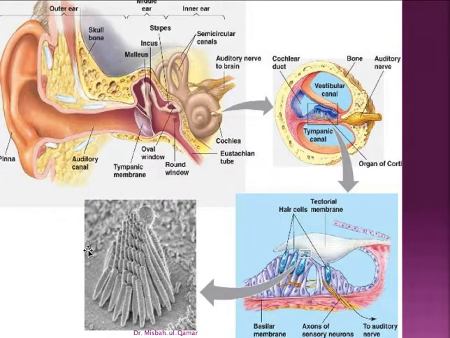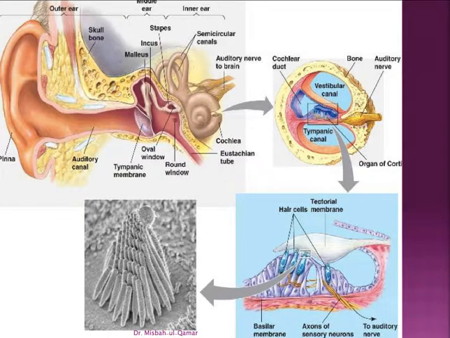Right. So you can see that this cochlear tube has been enlarged here, and you can see that there are different cavities or chambers which are formed inside the cochlear tube.